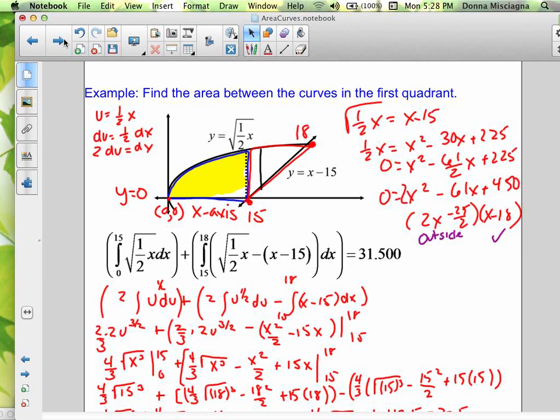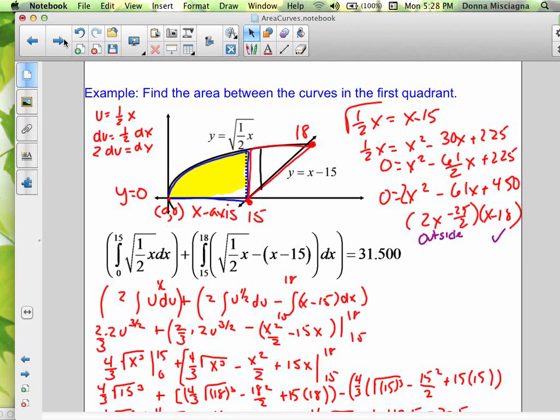It sort of factors to 2x minus 25 and x minus 18, and we'll take it. The 2x minus 25 solution is going to be outside the boundaries. It's going to be negative, so we don't use that one. But we're going to use the other one, where the line intersects the parabola again. We're going to use x equals 18.